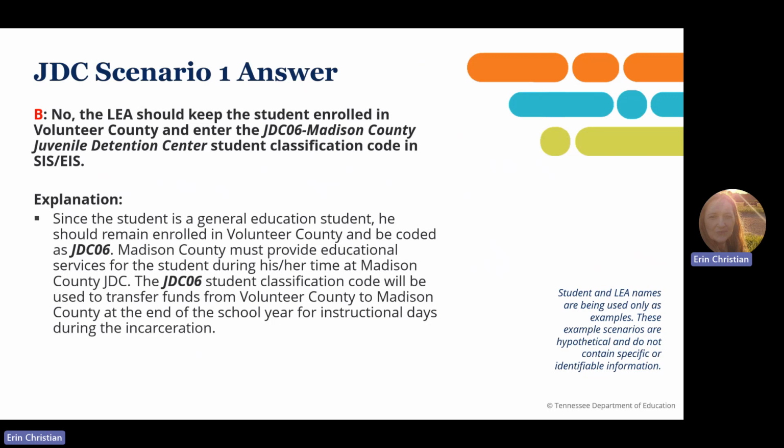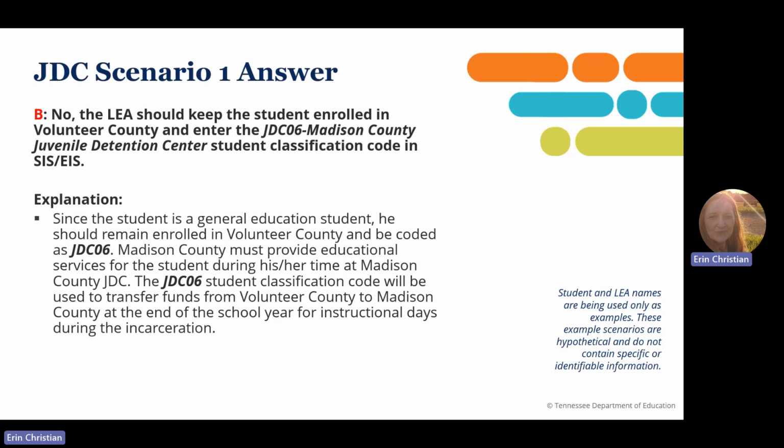B. No, the LEA should keep the student enrolled in Volunteer County and enter the JDC 01 Madison County Juvenile Detention Center student classification code in EIS-SIS. Explanation. Since the student is a general education student, he should remain enrolled in Volunteer County and be coded as JDC 01.